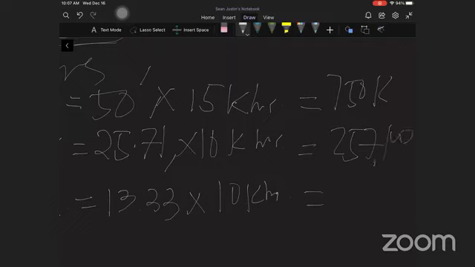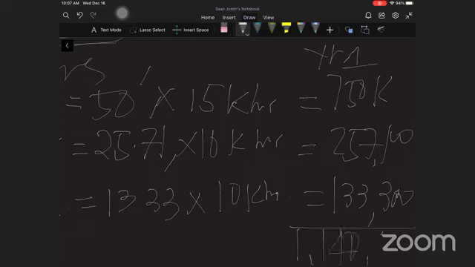And for machine C, 13.33 times 10,000, that's 133,300. Therefore, the question is total depreciation, so you need to add. The total depreciation for year 1 is 1,140,400. Okay, so that is the answer for year 1.